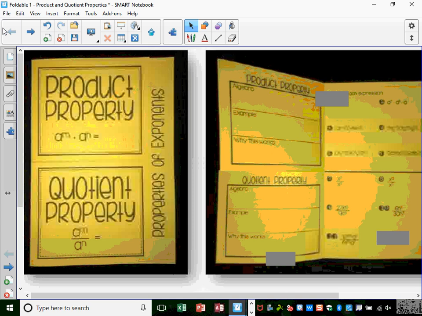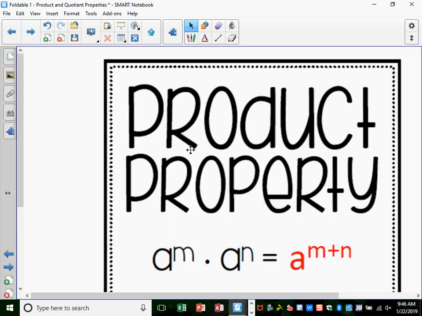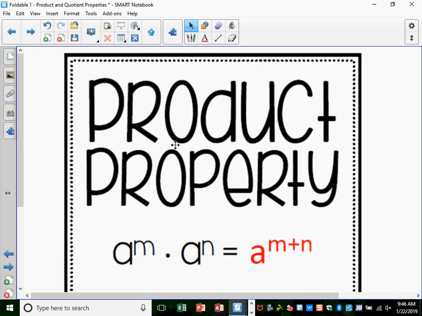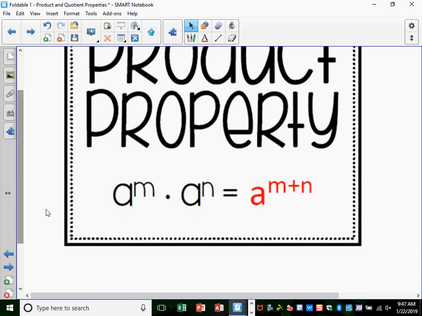Looking at the very first property, which is called the product property, right here you'll see where it says if you have the same base, so these numbers here, that's called your base, and obviously the smaller number at the top of the base is called the exponent.